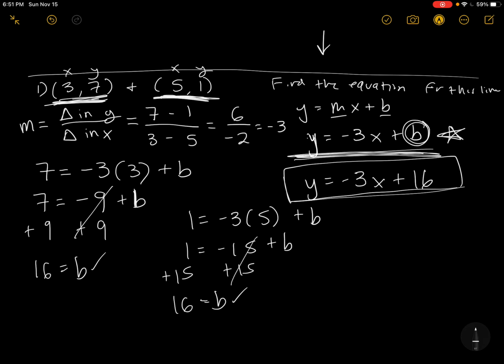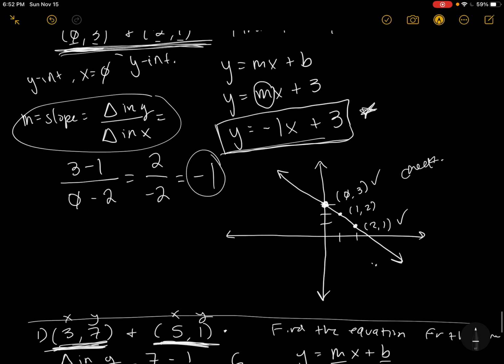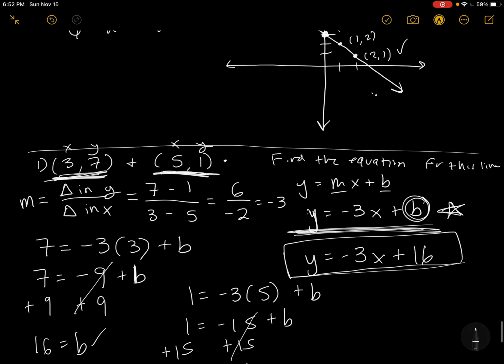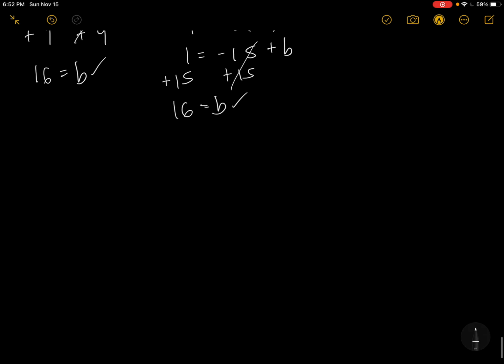So the equation for the line that falls on these 2 points, 3, 7 and 5, 1, is y equals negative 3x plus 16. So that's a slightly more complicated example for trying to find an equation.